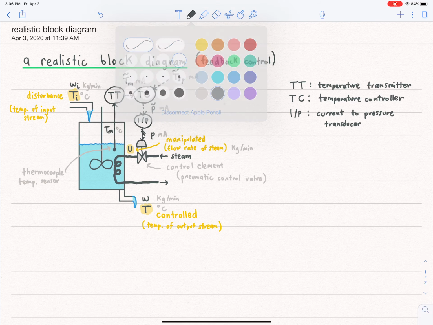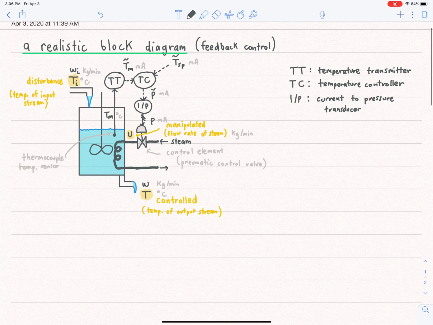And you'll notice, I did use different style lines for the flow of information here. And I'll just write down these for reference. So this is used for process piping. And this one here is sort of conceptual. It's a wire that is hooked up to the sensor.